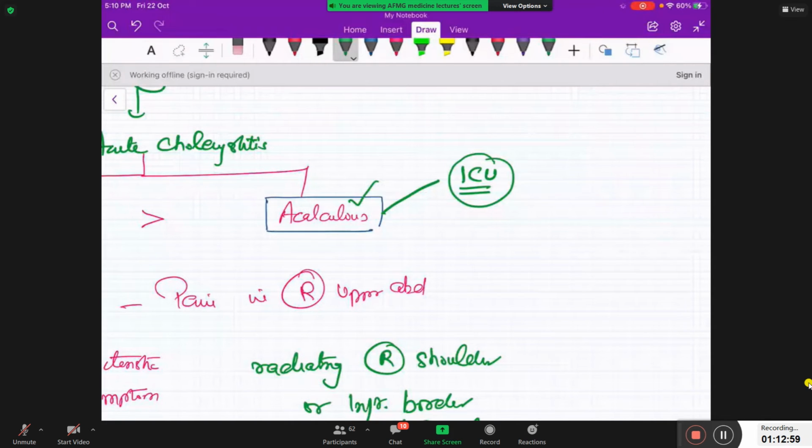So what will be the profile of this patient provided to you? You will be told that the patient was in ICU for some condition, XYZ, any condition that can be, and that the patient was doing well in ICU. Now suddenly the patient started deteriorating and complained of pain in his abdomen.